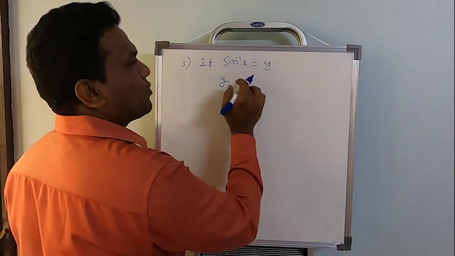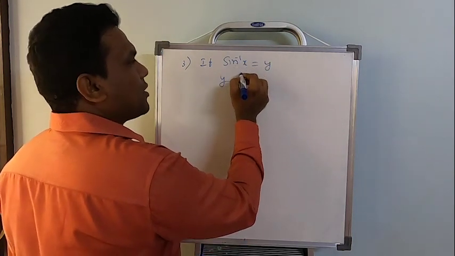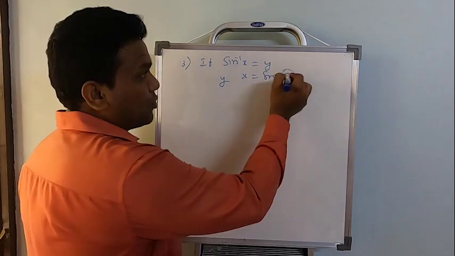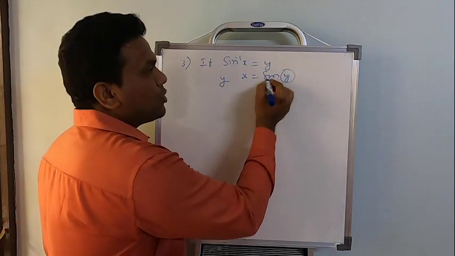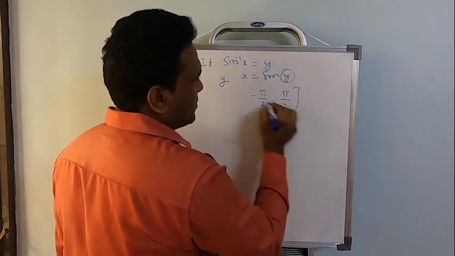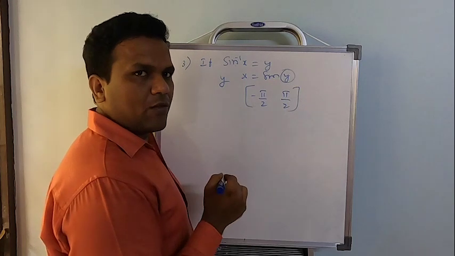If sin inverse x equals y, this can also be written as x equals sin y. That means the domain of sine. Remember, the domain of sine will be from where to where? We used to say this, closed interval minus pi by 2 to pi by 2. This is one format of telling.